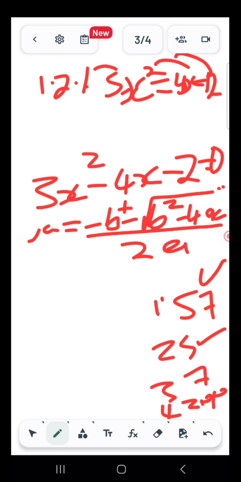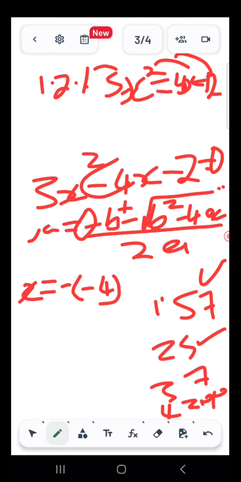Then you substitute. b is now negative 4, so it equals to minus negative 4. Together so far?